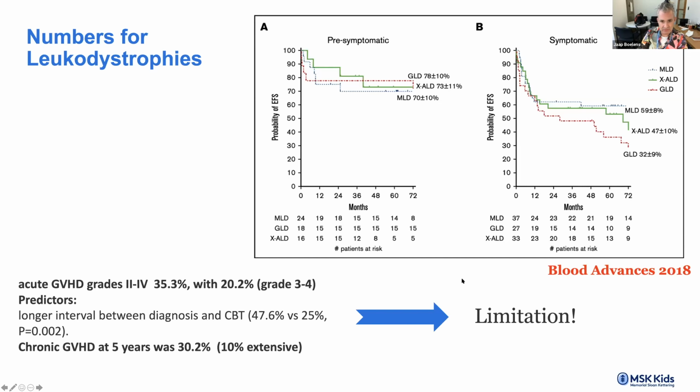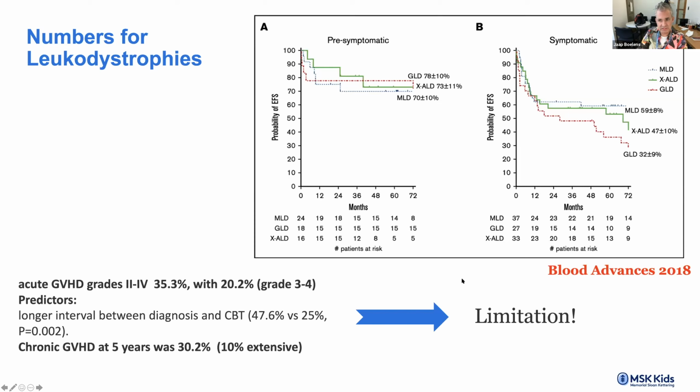So that's the figure on the left-hand side. These are survival curves on the y-axis, 100%. And you see that it ends up to around 80% if you are pre-symptomatic, and when you are symptomatic, the survival is less. So this is survival, but what about the graft versus host in this analysis?